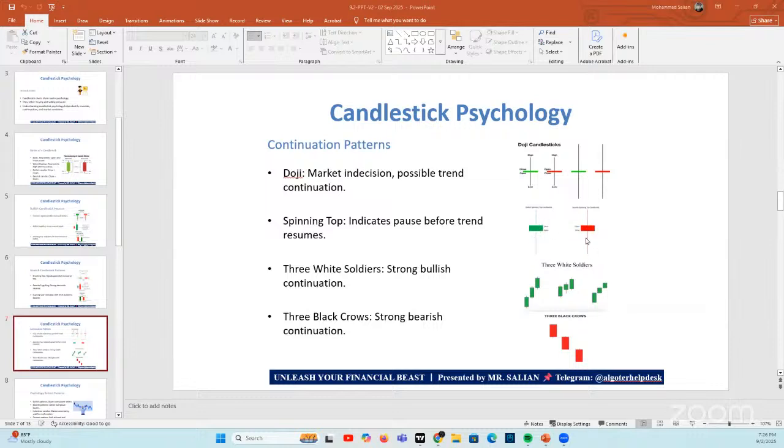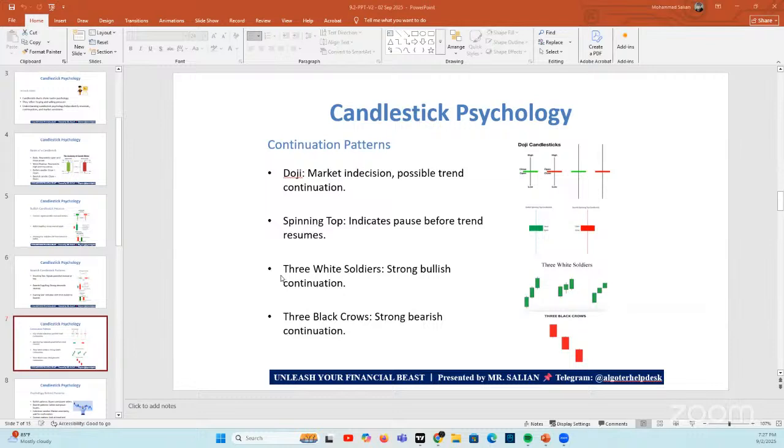Very easy to spot, right? So this indicates a pause in the price action. Price is just going nowhere, usually on that same price level.